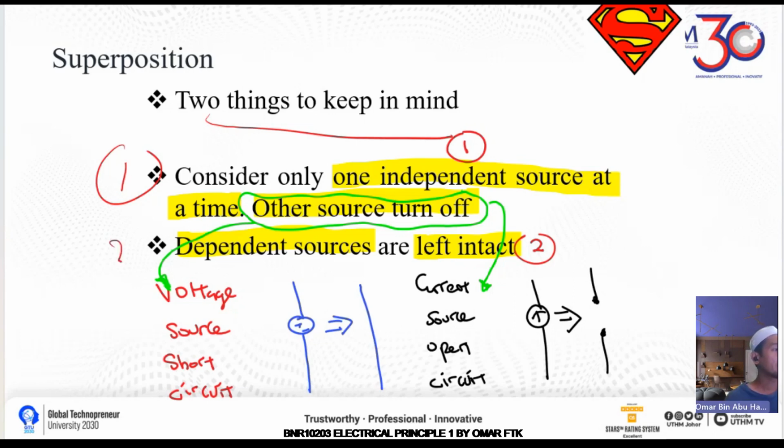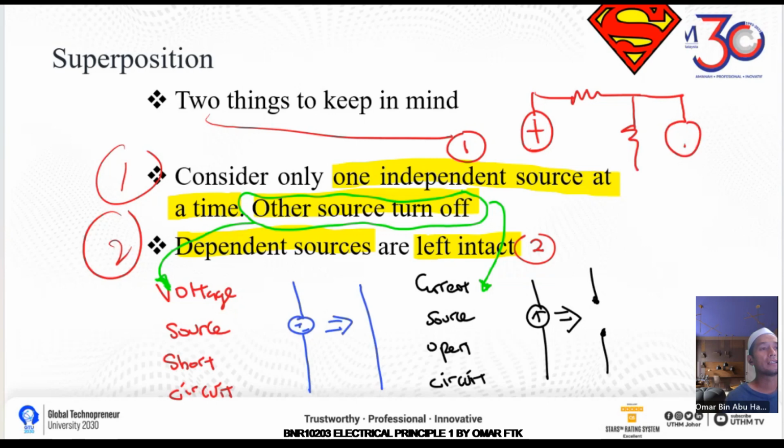And the second one, dependent sources are left intact. So in this case, for example, if you have a voltage source, and then you have a resistor, and then another resistor, and then you have a current source like this.